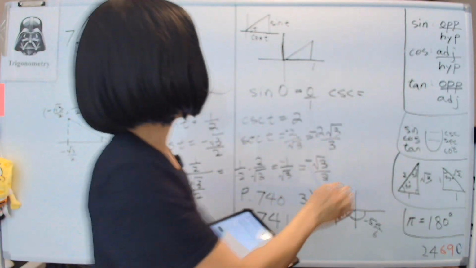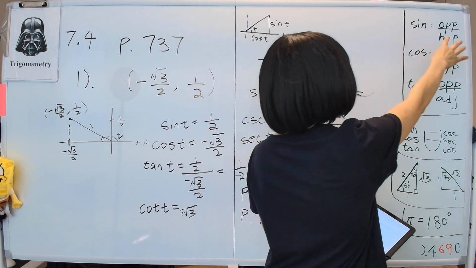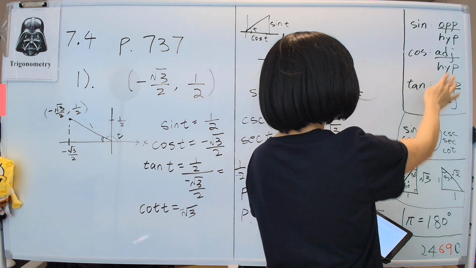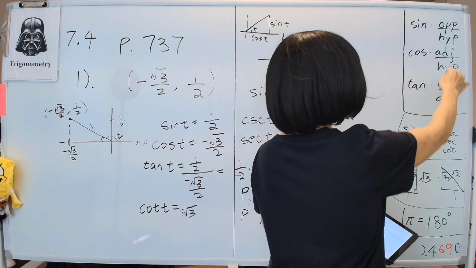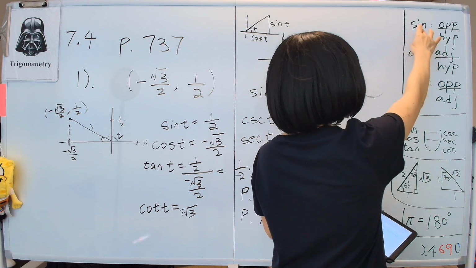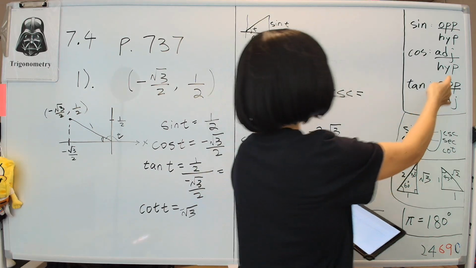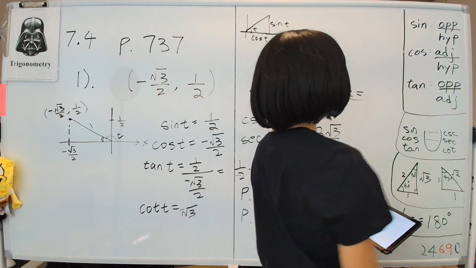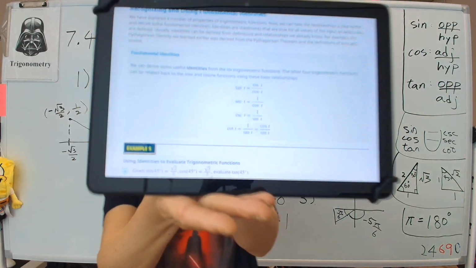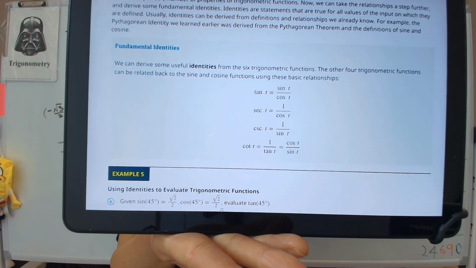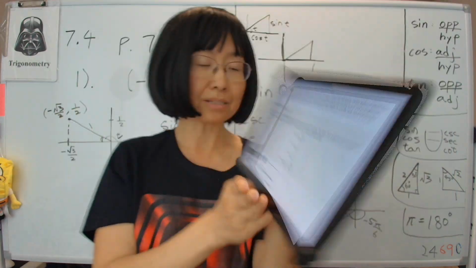If you look at the definitions, sine is opposite over hypotenuse, cosine is adjacent over hypotenuse, and tangent is opposite over adjacent. So if you take sine divided by cosine, the hypotenuse gets canceled out, and all you have is opposite divided by adjacent, which is why tangent is equal to sine over cosine.